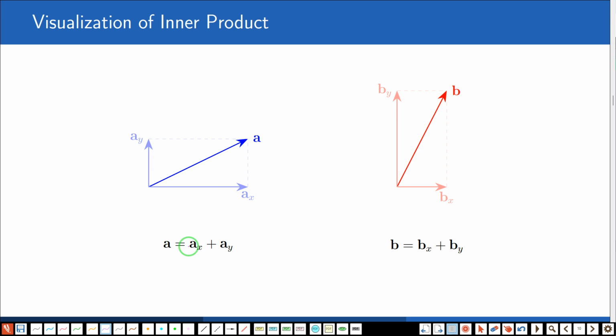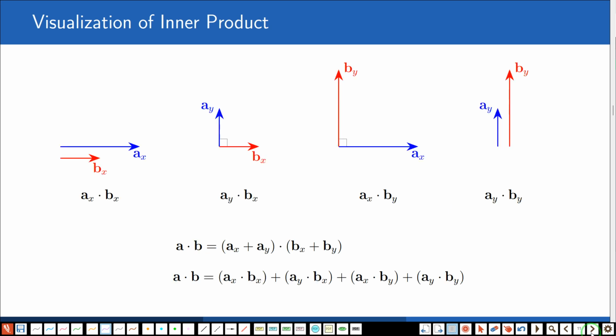So we decompose both vectors into horizontal and vertical components. Now we want to calculate a dot b. We know that a is ax plus ay, and b is bx plus by.